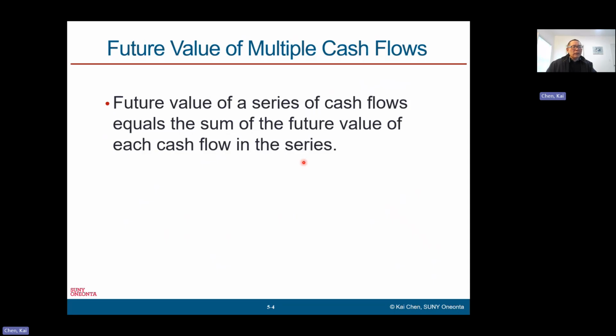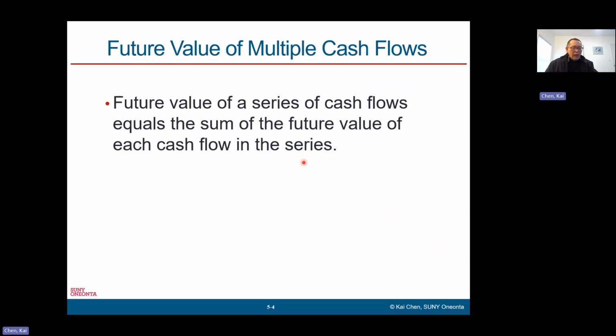Specifically, we first calculate the future value of each cash flow in the series. After we get the future value of each cash flow, we sum them up. The sum is nothing but the future value of a series of cash flows.